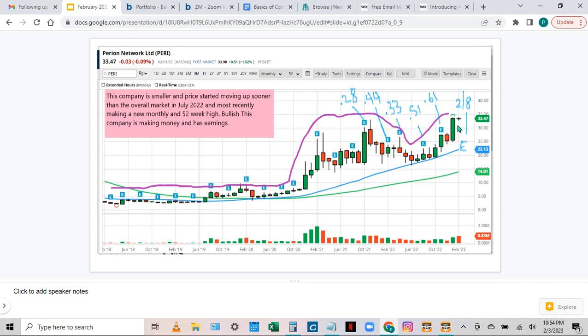And this company reports earnings on February 8th, so 2/8, which is next week. So this may be one for you guys to watch if you like that company, or you know that company, or you'd like to invest in a company that is at least profitable and not an overpriced stock, right? It's only $33 per share. So that's a quick idea for you guys.